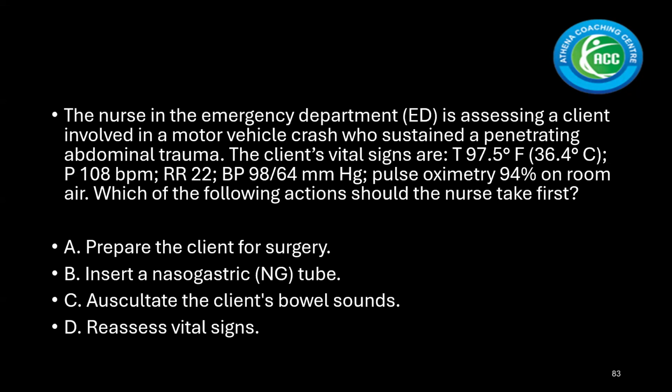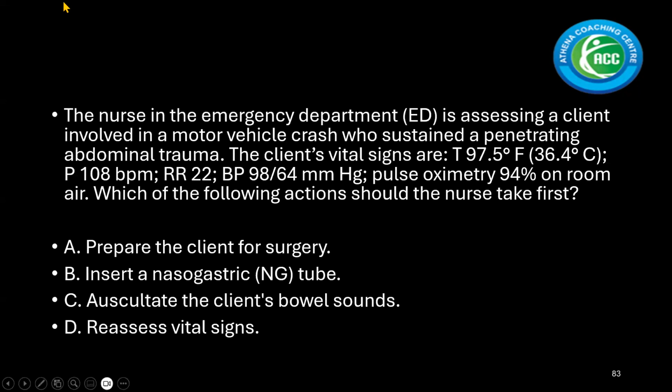Okay, where is the patient? The location and the position is very, very important. Where is the patient right now? The patient is in the emergency department and had a vehicle crash, and had a penetrating abdominal trauma. Vital signs, temperature is okay, pulse is slightly high.